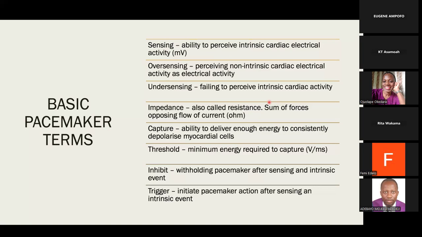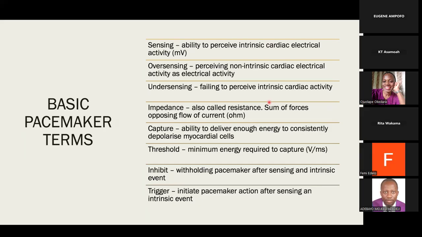For example, an atrial lead sensing something going on in the ventricle would be oversensing, because it's supposed to sense what's going on in the atrium. Similarly, a lead sensing muscle contractions or diaphragmatic movements would be oversensing. Undersensing is the converse: the lead is not able to pick up electrical activity. There's electrical activity, the lead is sitting there, but it cannot tell that this activity is going on.